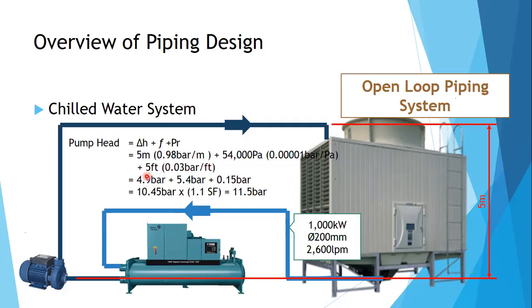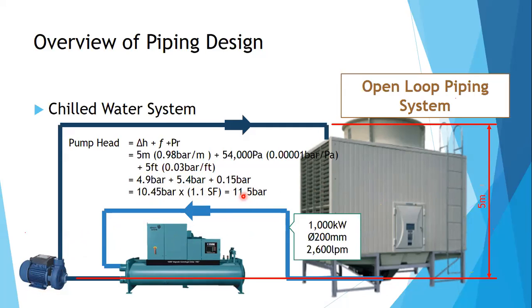So 5.9 bar for the height difference, 5.4 bar for the pressure loss across the pipe, and 0.15 bar as required, for a total of 10.45 times 1.1 as safety factor. You have 11.5 bar as your required static pressure head for your pump.